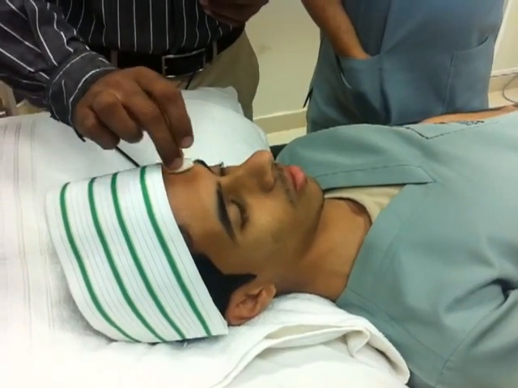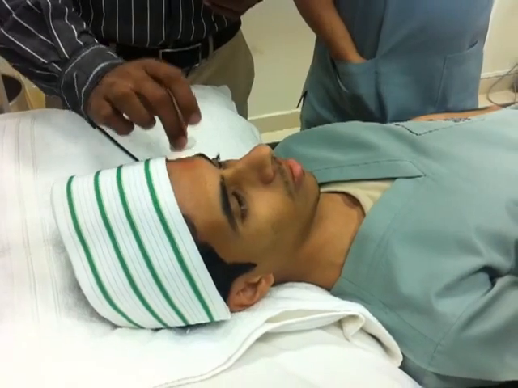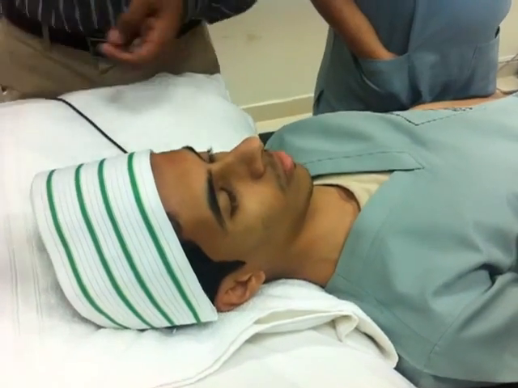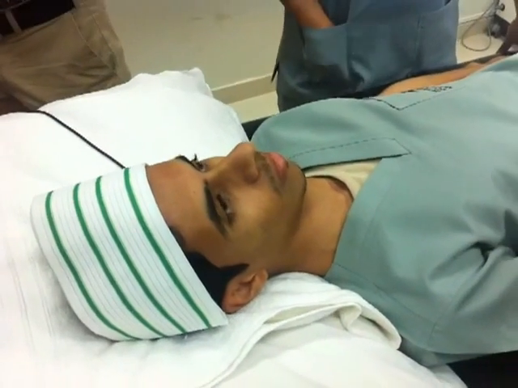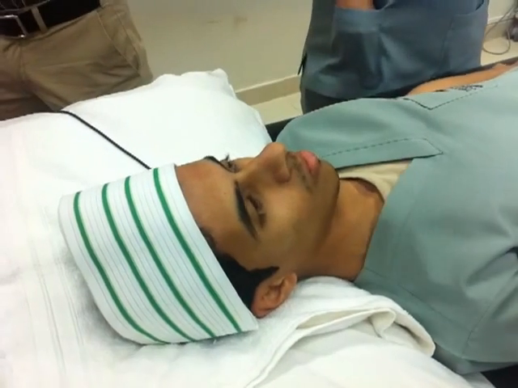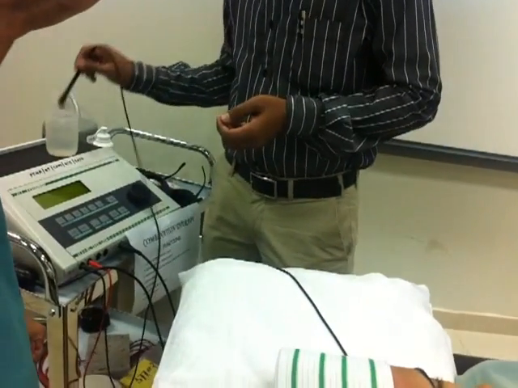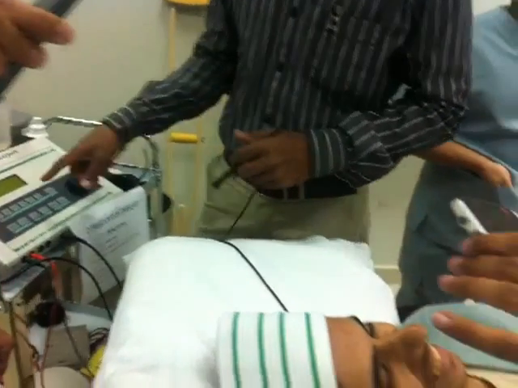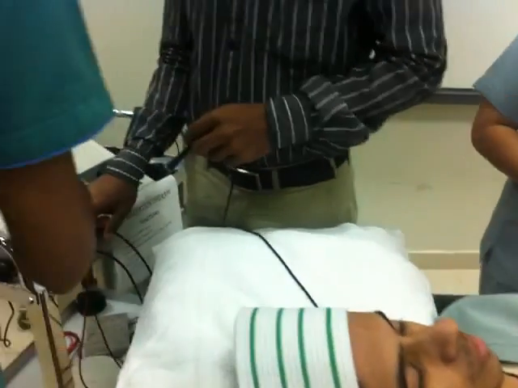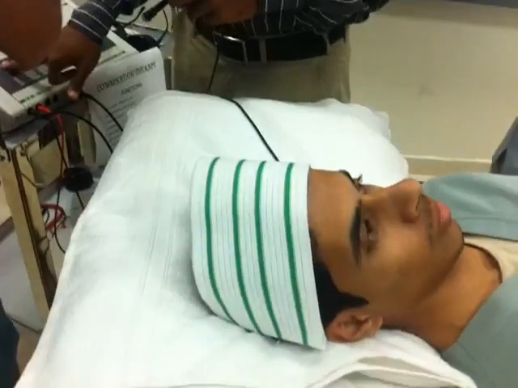Okay, first is the frontalis muscle, or occipitofrontalis muscle. You have to dip this also inside the water for easy conduction. So you know the settings. F1 manual setting.